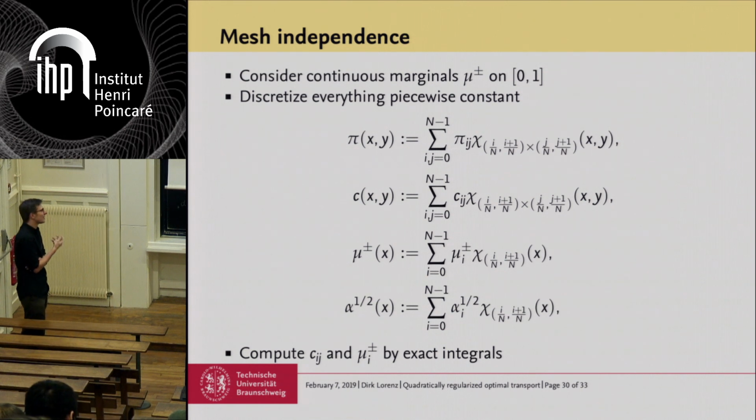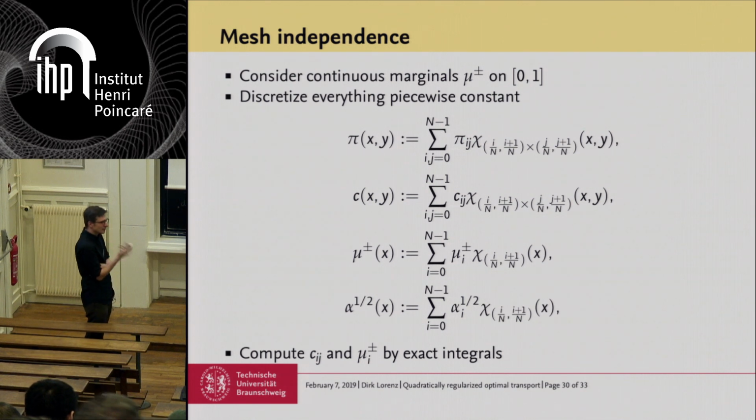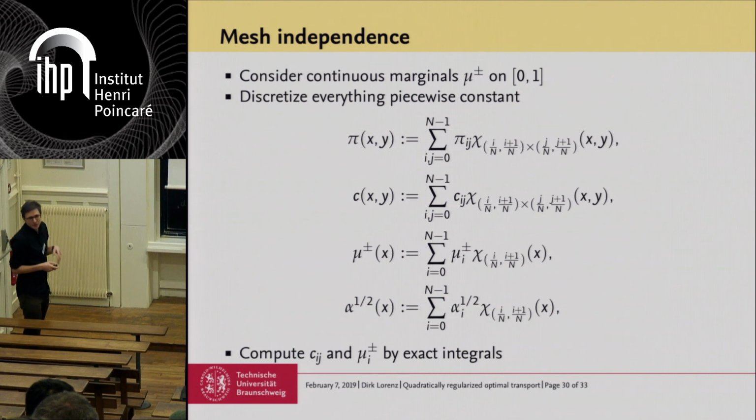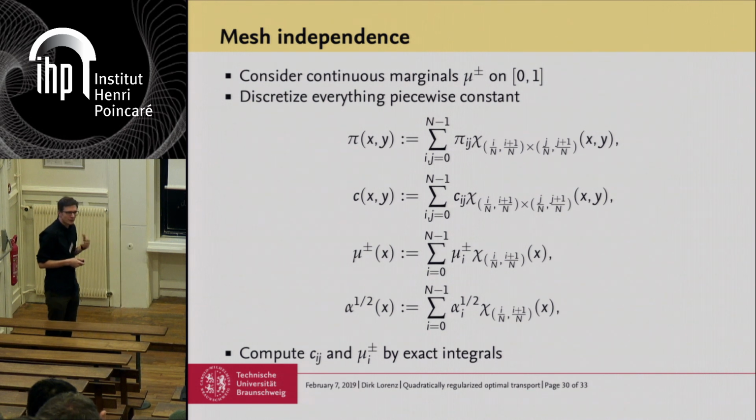It's cumbersome calculations, but then you can use your algorithms. We discretize this with different N, so with smaller and smaller meshes, and use our algorithms, the semismooth Newton method and the Gauss-Seidel method, and just count the number of iterations and observe how they deteriorate for larger N, so for finer discretization.